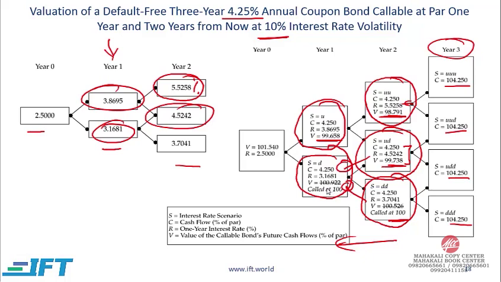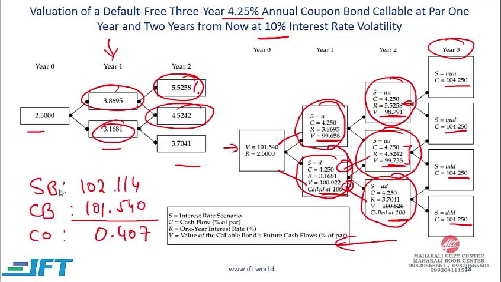When we do that, we will get 100.9, but since this is callable at 100, we need to write down to 100. And then finally, we take 99.58 plus 4.2, discount back at 2.5%. We take 100 plus 4.25, discount back at 2.5%, take the average of those two numbers, and we should get the value of the bond, which is 101.540.